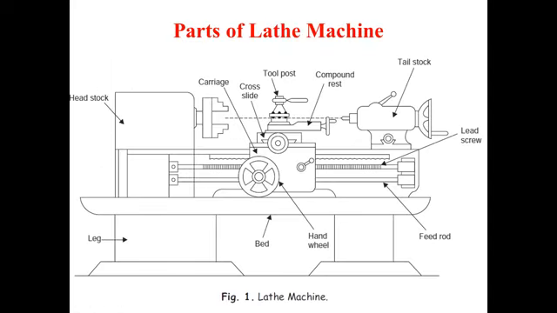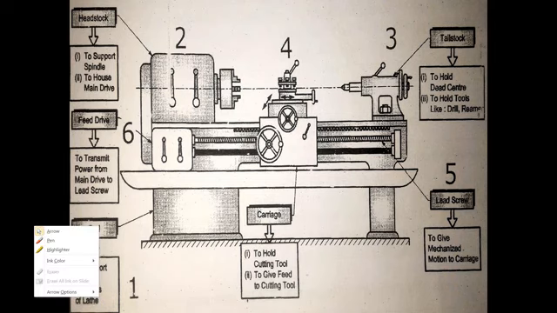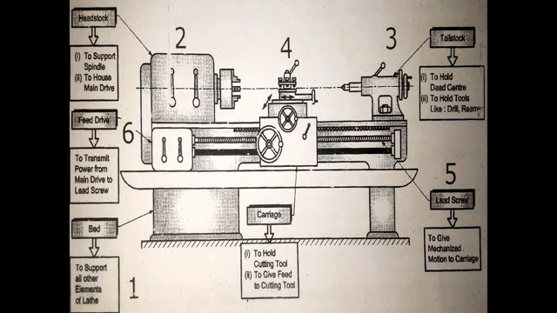A simple block diagram of a lathe machine, which consists of different parts. We will just discuss the function. This diagram is actually a screenshot of one diagram which consists of a block diagram plus the function of every part. So I'll just focus on the function and the part name.